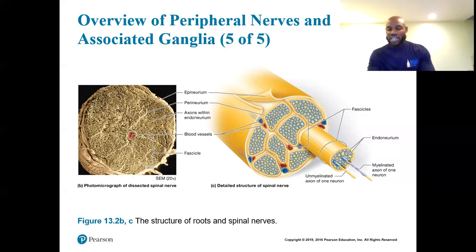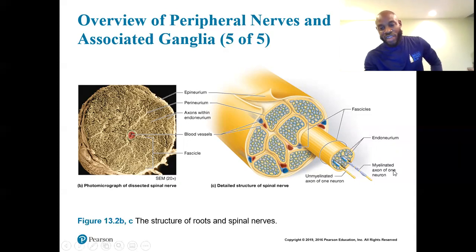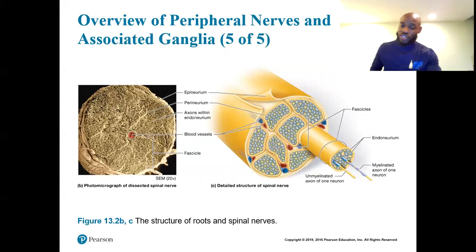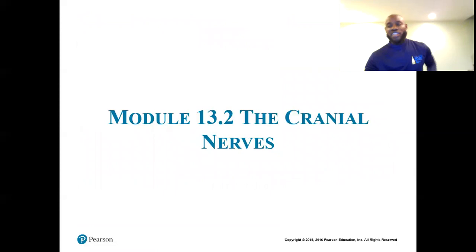Every part of your body needs blood, including your nerves, including your bundles of axons. See that term, myelinated axon of one neuron? Remember, myelination is very important for sending signals faster. You have unmyelinated axons as well. That's the end of section 1.